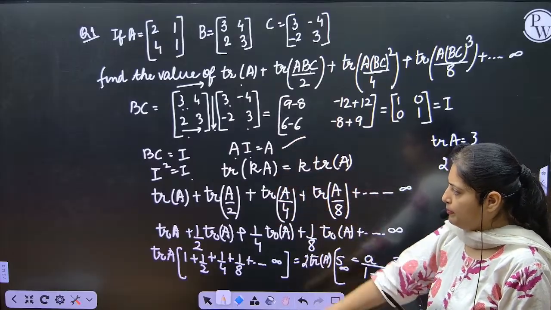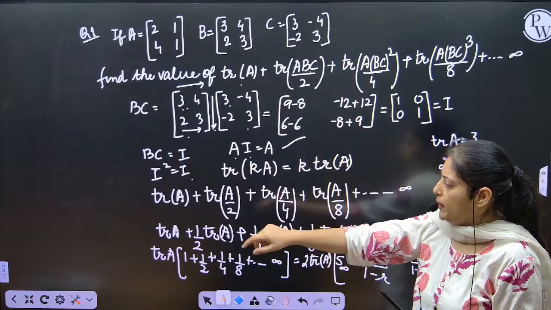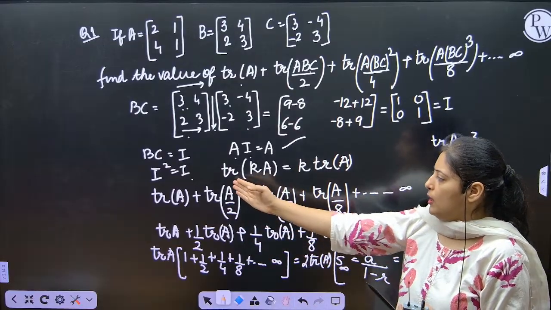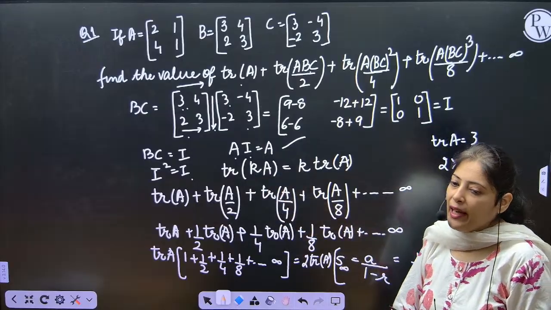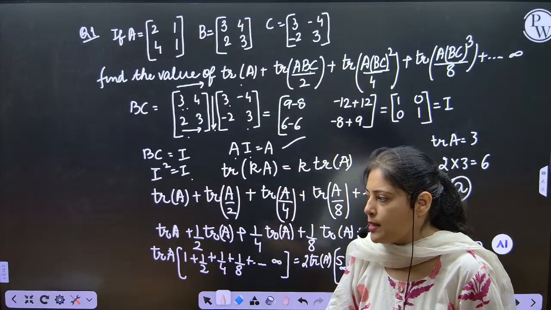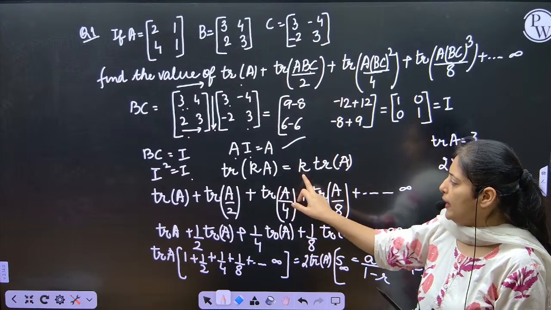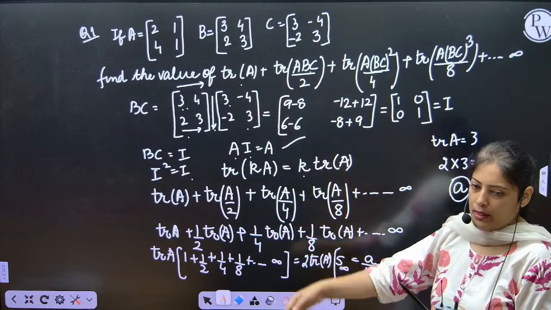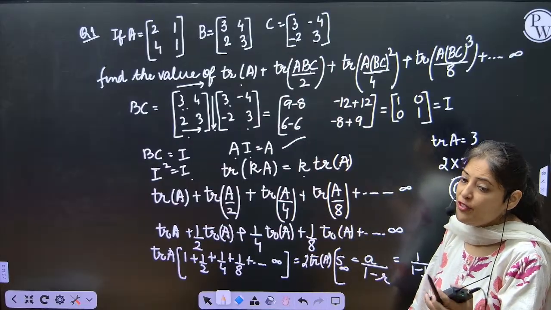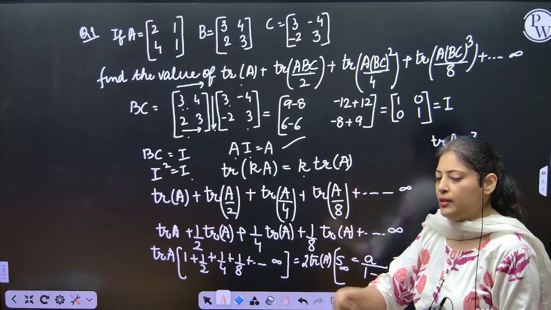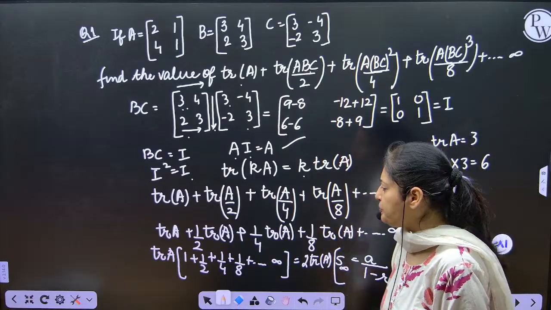This concept done. Now the third property I used is trace of k times A, where k times means scalar multiplication of any matrix by k. So k will come in front, and it is k multiplied by trace of A, and trace is nothing but the sum of diagonal elements.